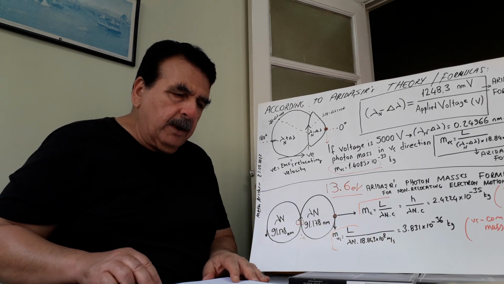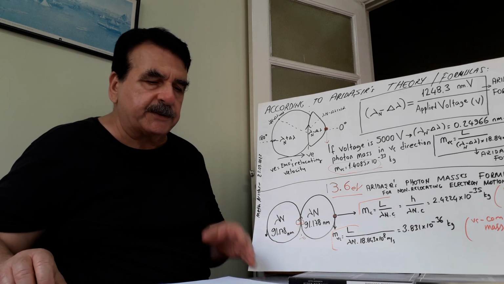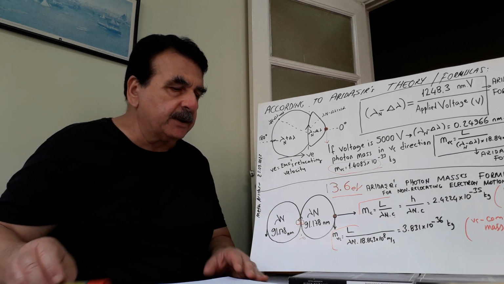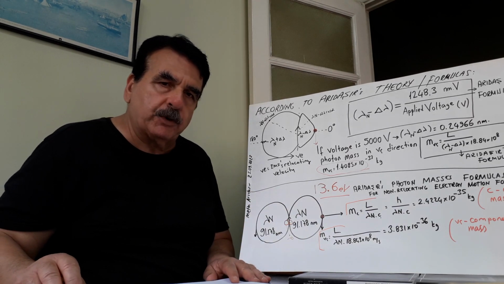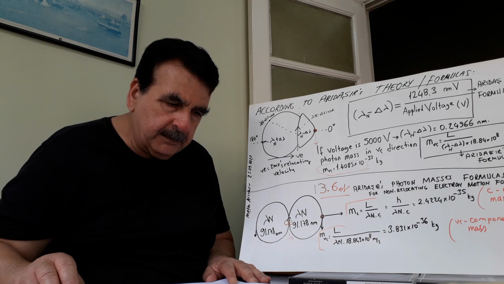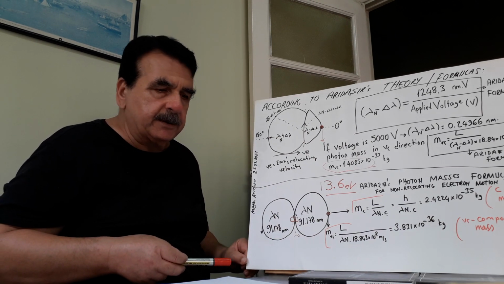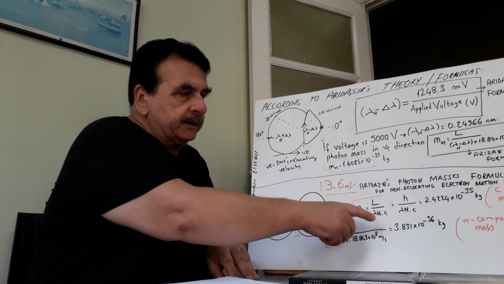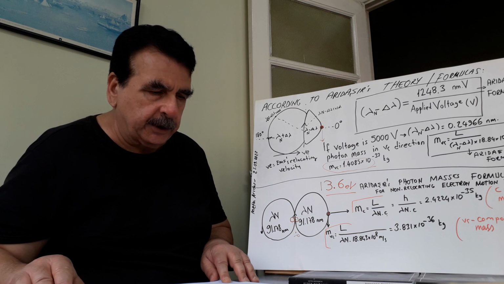Eventually, the point mass of an at rest electron motion form in the c component direction is 2.42 × 10⁻³⁵ kg. In the linear velocity component direction it is 3.83 × 10⁻³⁶ kg.